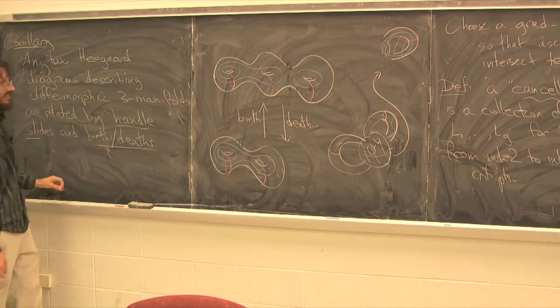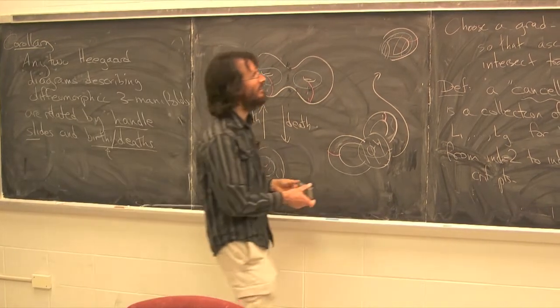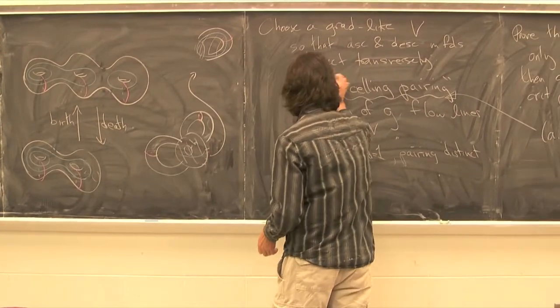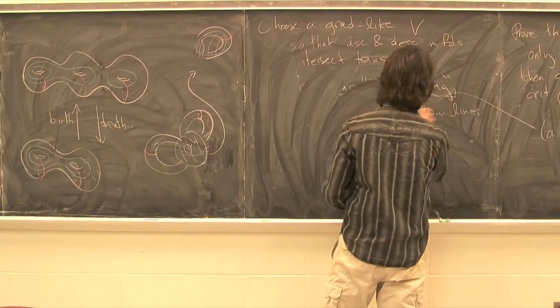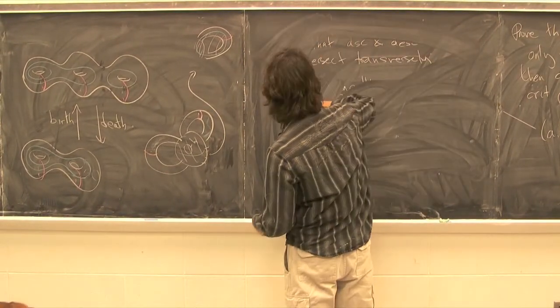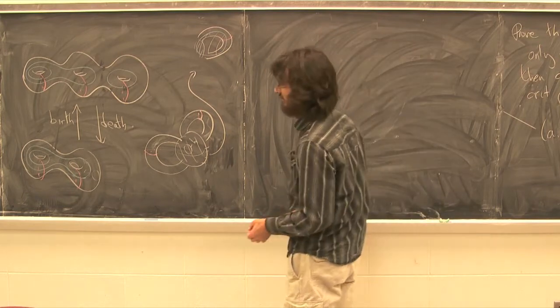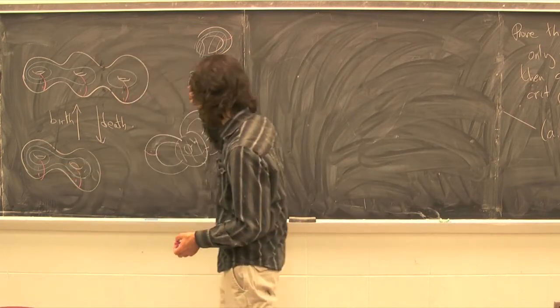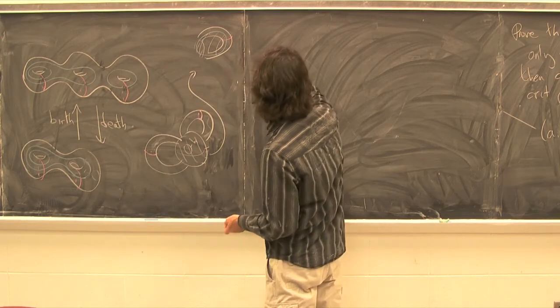And then handle slides, we can also illustrate with this picture. I've already done it many times, but so we understand what handle slides with the two handles are, just to remind you.